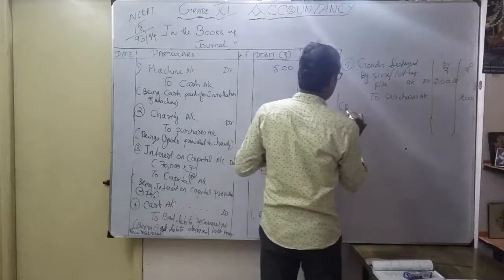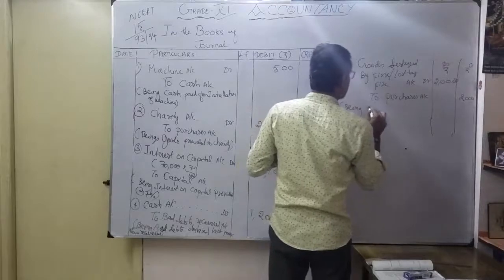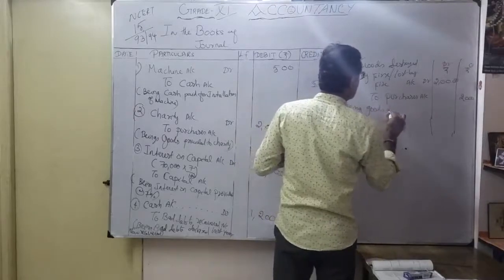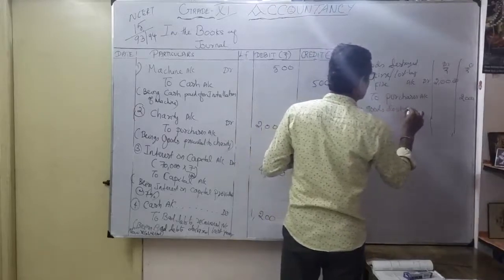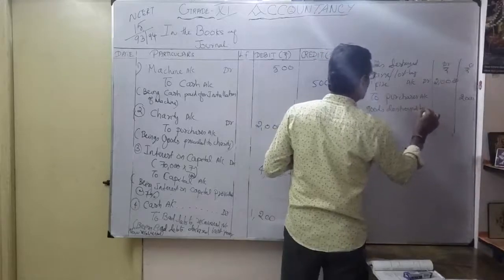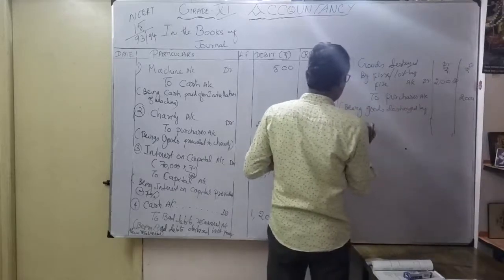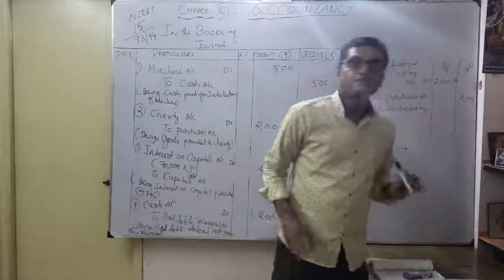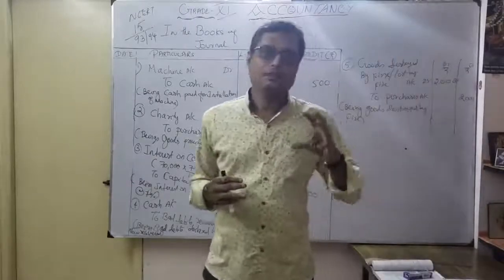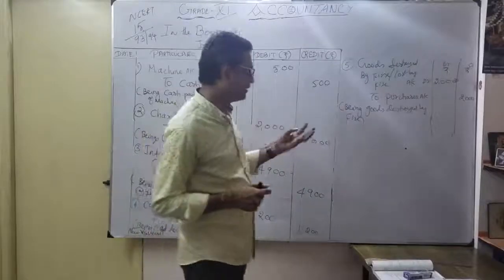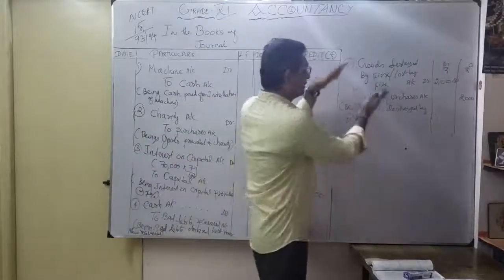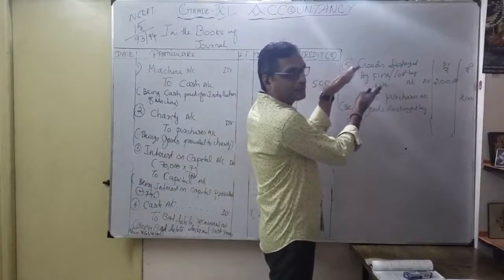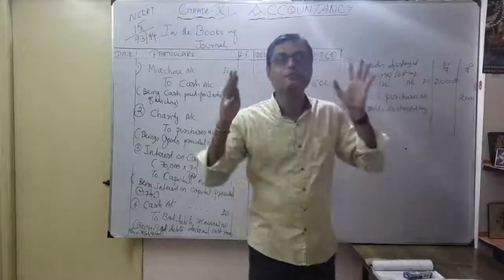Narration: being goods destroyed by fire. So narration is very important. If you are not writing narration, you can't get the complete journal entry. That's why whenever you write the journal entry for a particular business transaction, it is in a completed form.